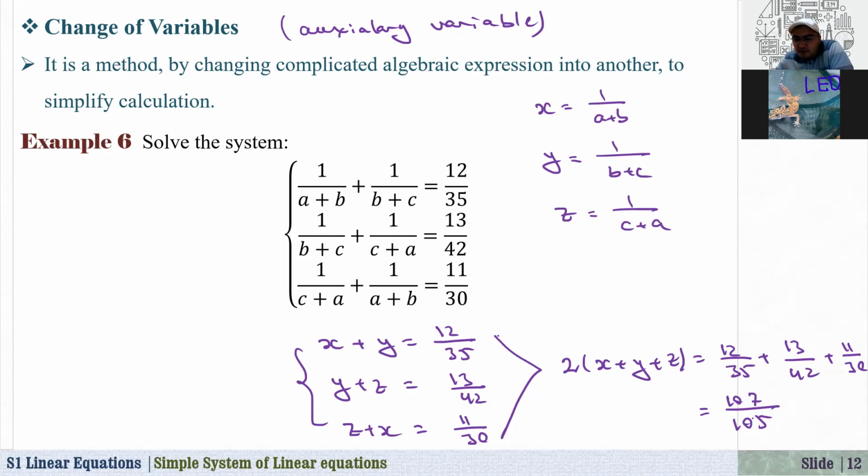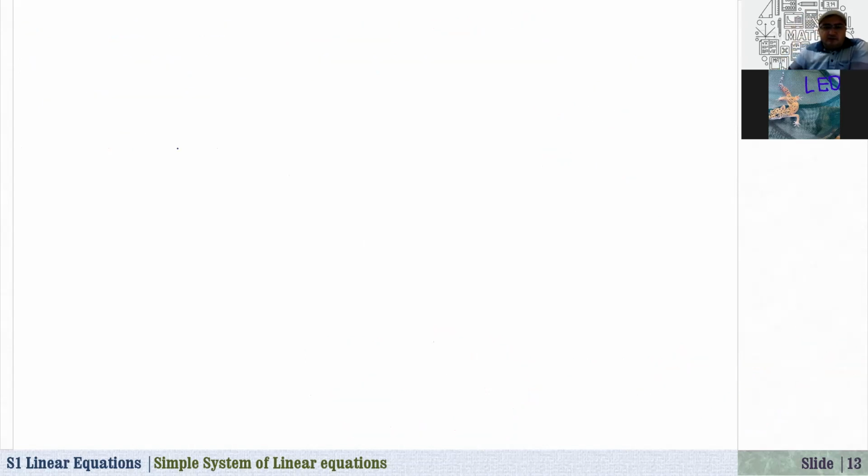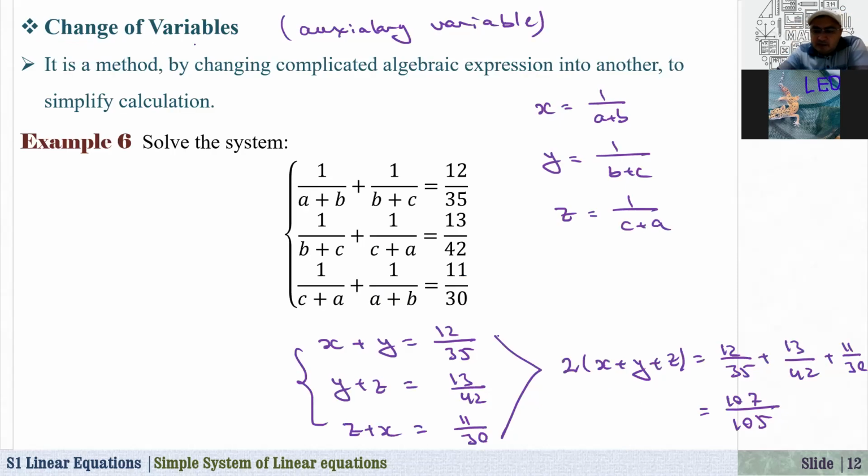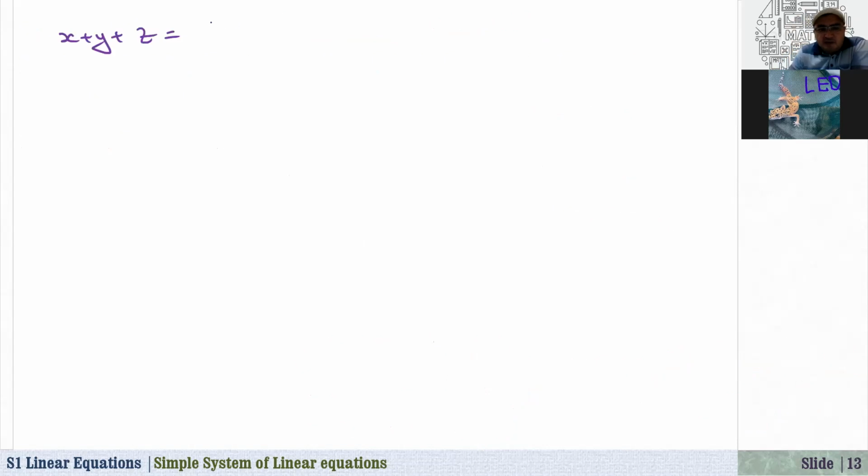After that we can simplify this. So now if you multiply both sides by 1 over 2, here we have x plus y plus z is equal to 107 over 105 times 1 over 2, so 107 over 210. So that's our equation. Now step by step, we can determine the others.